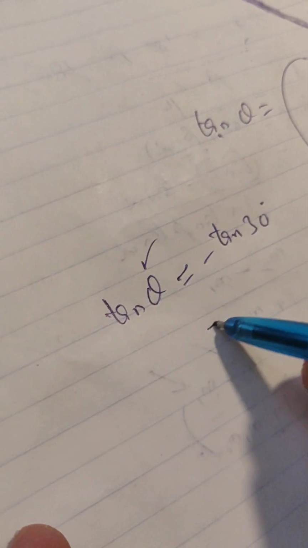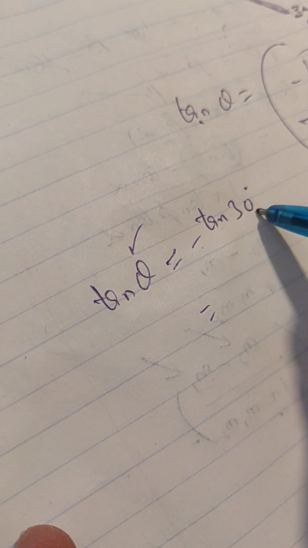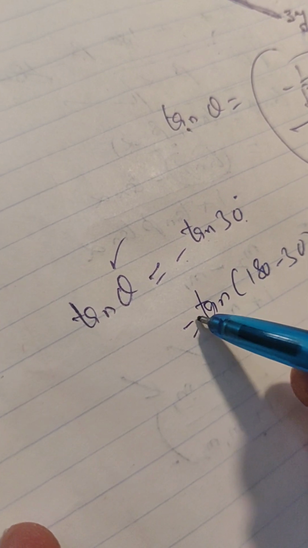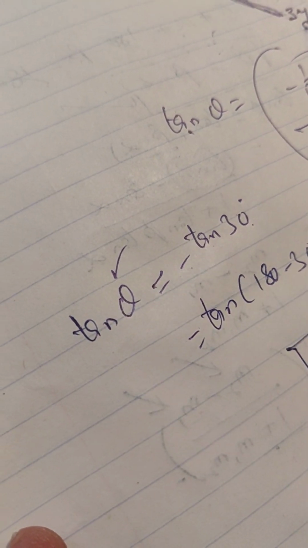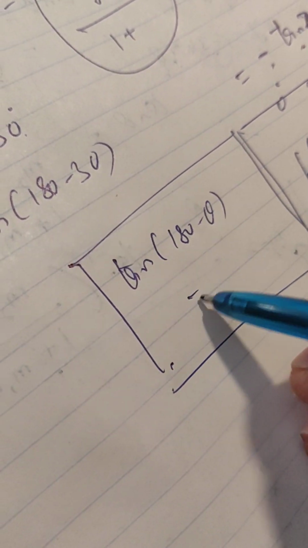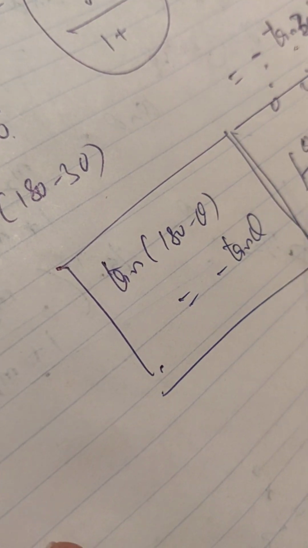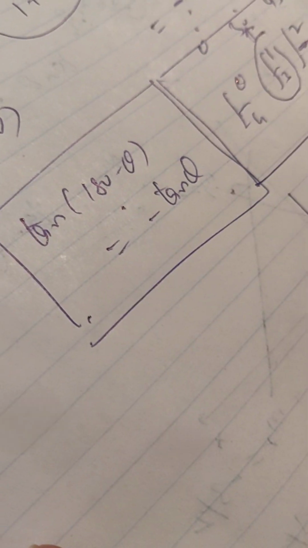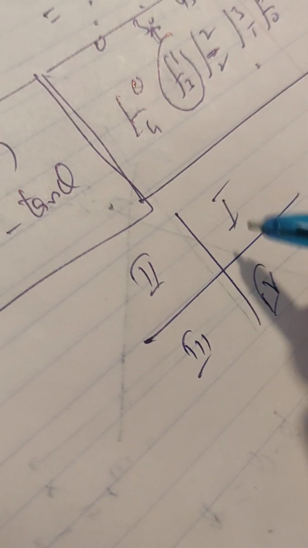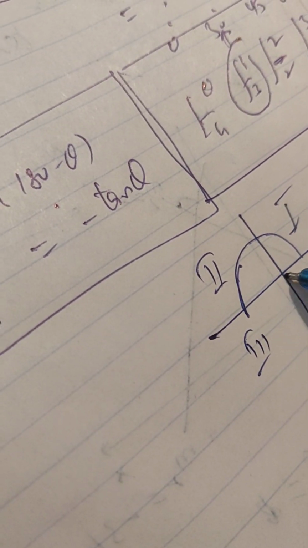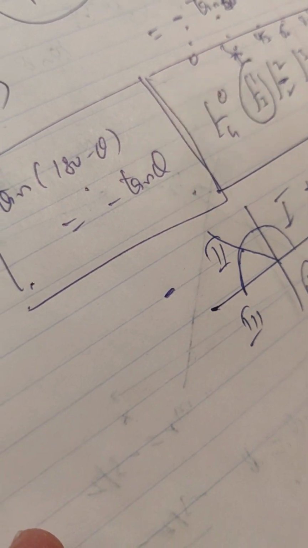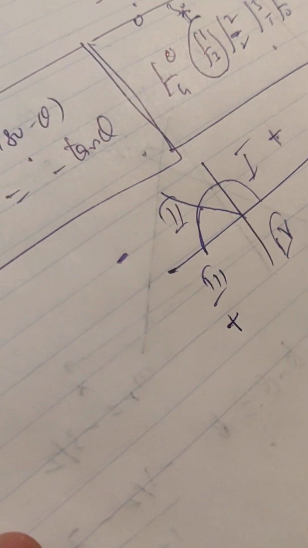I want to know theta. Minus of tangent of anything is nothing but tangent of 180 minus theta. Then it becomes positive, because tangent of 180 minus theta is equal to minus of tangent theta, because this falls in the second quadrant. This is quadrant 1, this is 2, this is quadrant 3, this is quadrant 4. So 180 minus theta falls here. Here all are positive, here tangent is positive, here tangent is negative.